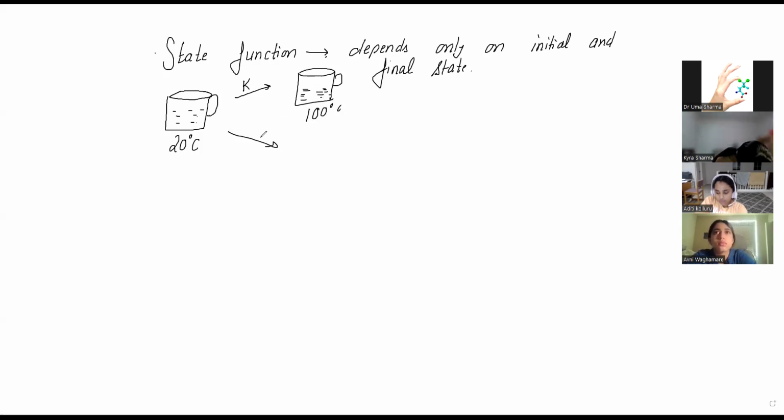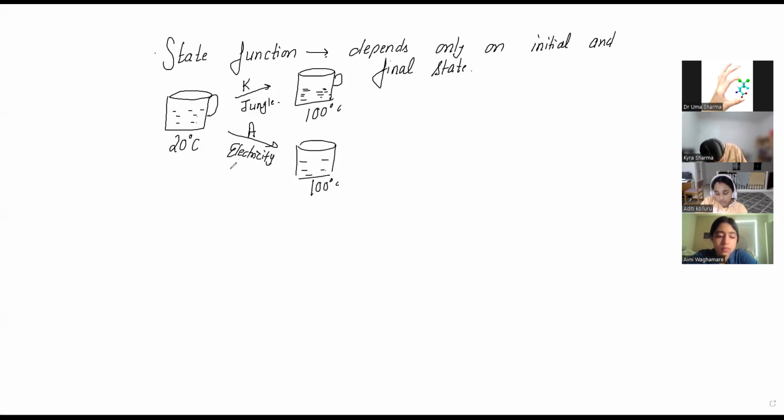And then I ask Aditi also to raise the temperature to 100 degrees Celsius. But Kyra is in some jungle. She doesn't have electricity and all these things. She has a matchstick with her. That's it. So Kyra, you are in a jungle. Aditi has only electricity available, heaters available with her.